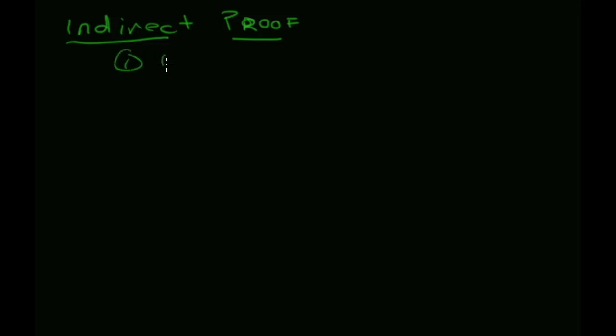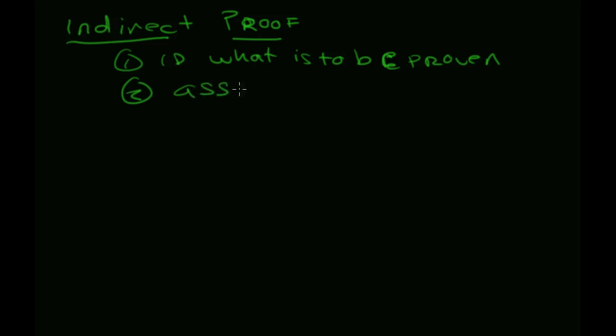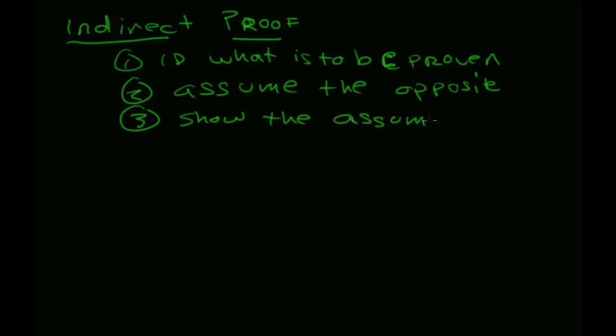So one, you have to identify what is to be proven. Two, you assume the opposite. Three, you show the assumption leads to a contradiction.